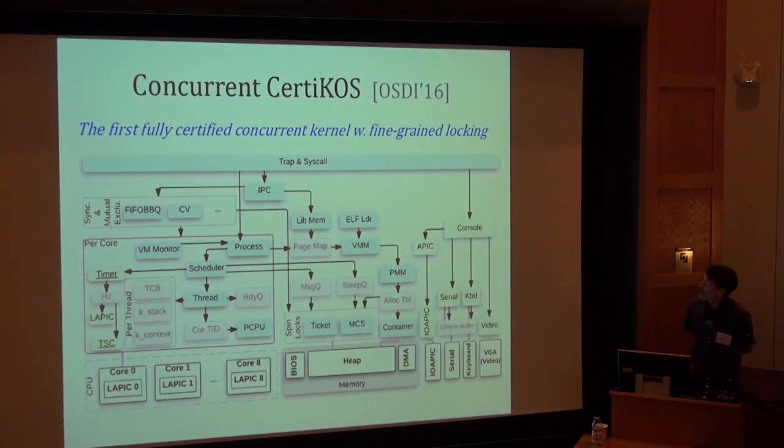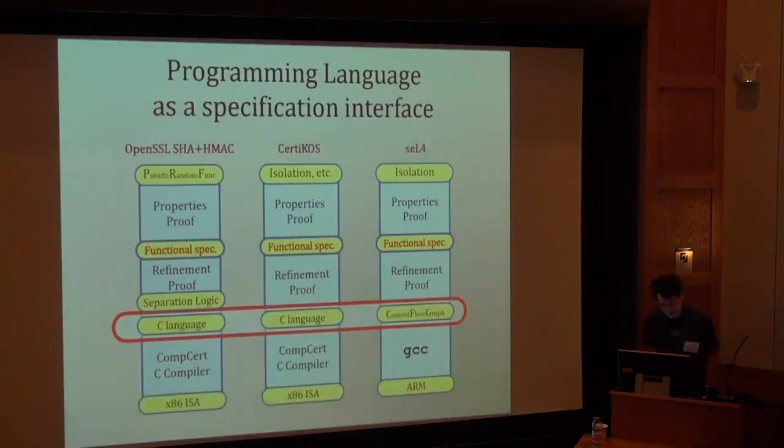Okay, and CertiKOS is now a fully concurrent kernel with fine-grained locking. It runs in multicore. It supports guest operating systems such as Linux that themselves run in multicore with clients that run in multicore. It all actually even works aside from being verified.